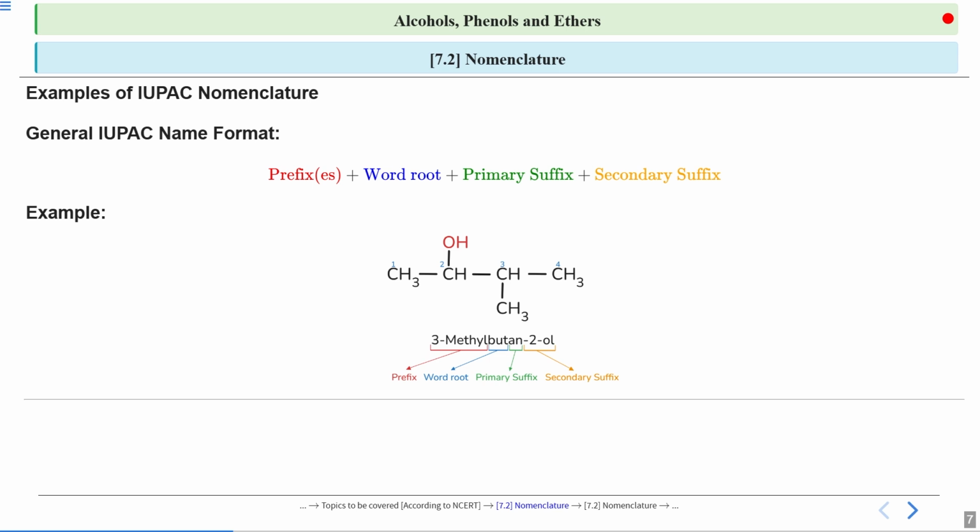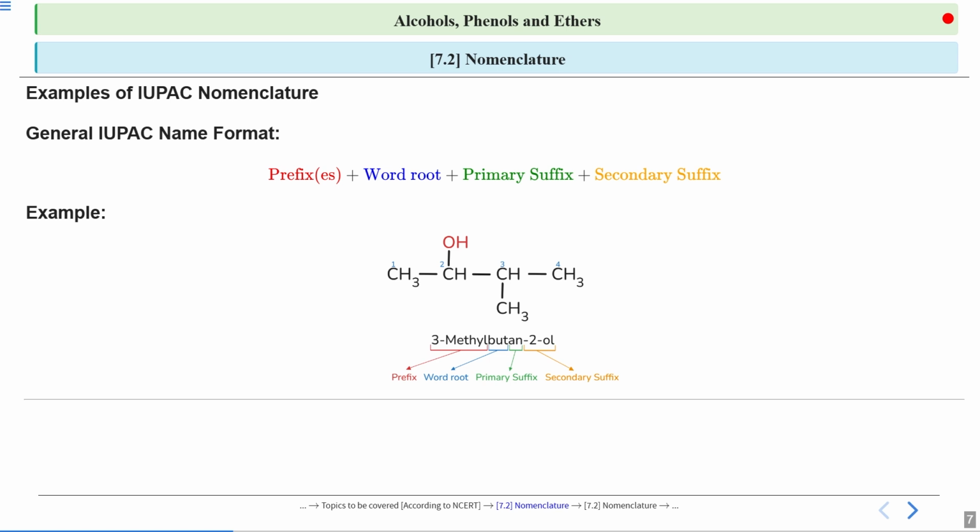Now let's break the name. 3-methyl means the third carbon is attached to the methyl substituent. This is a prefix, which you place before the main name. So the prefix is 3-methyl, which represents the substituent present in your compound.